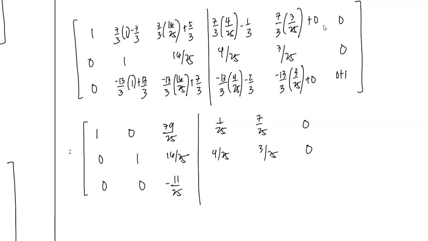And then negative 13 over 3, 4 over 25, negative 2 over 3. Okay, so let me check. This should be minus 2/3. Okay, so negative 13 over 3 times 3 over 25. That is negative 13 over 25 plus 1. Okay?